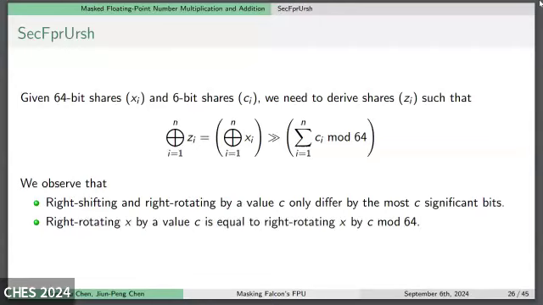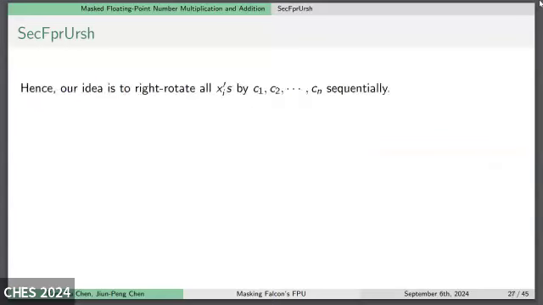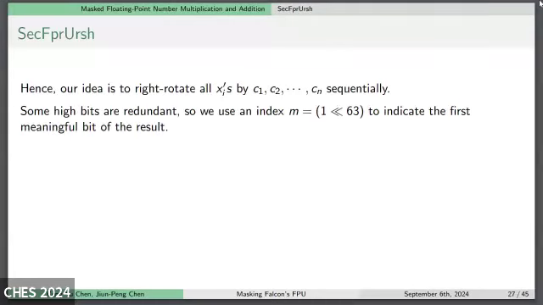But right rotating X by a value C is equal to right rotating X by C modulo 64, and this property is what right shifting doesn't have. So using this property, our idea is to right rotate all the xi's by C1, C2, down to Cn sequentially, and then we transform the rotation result to the shifting result.